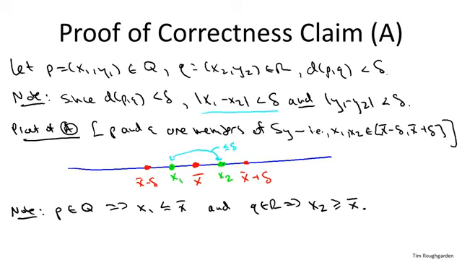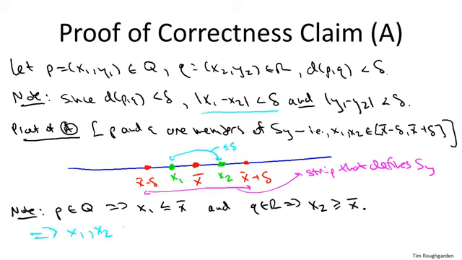So even if x1 moves as far to the right as it can, all the way to x bar, x2, since it's at most delta away, tied by the waist, can't extend beyond x bar plus delta. By the same reasoning, x2 can't move any further to the left than x bar. x1, being tied at the waist to x2, can never drift further to the left than x bar minus delta. So that's the proof that x1 and x2 both lie within this region that defines the vertical strip.